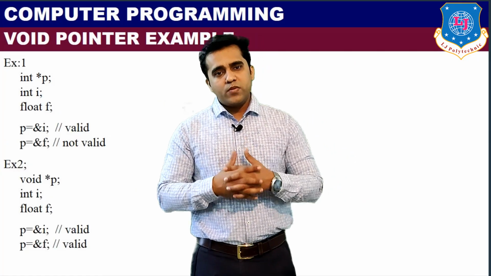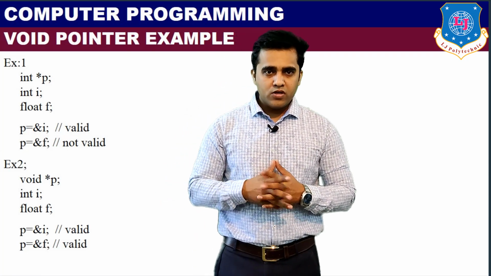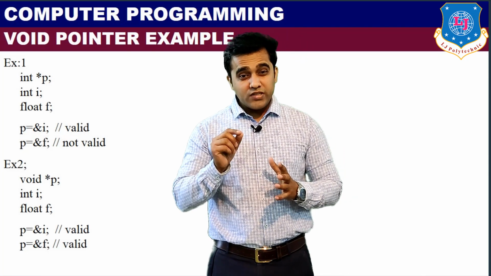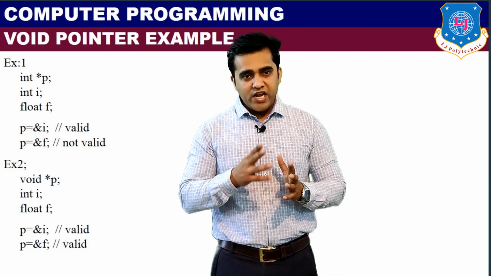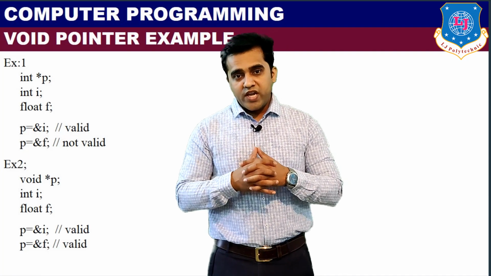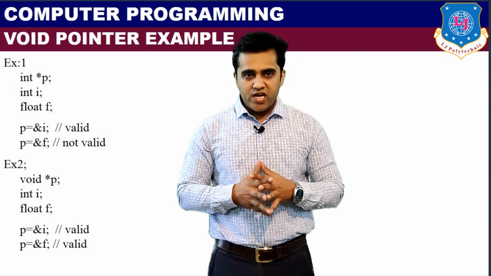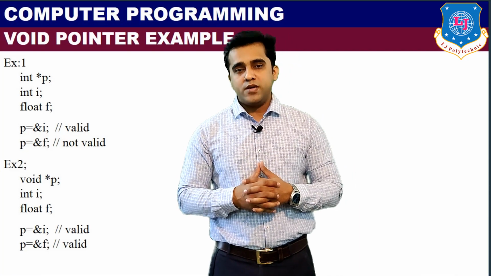We declare two variables, one pointer variable and another regular variable: int star p, int i, float f. We can store i's address in the pointer variable p, as i and p have the same data type.